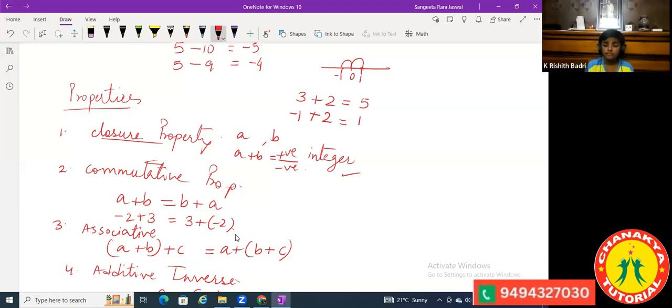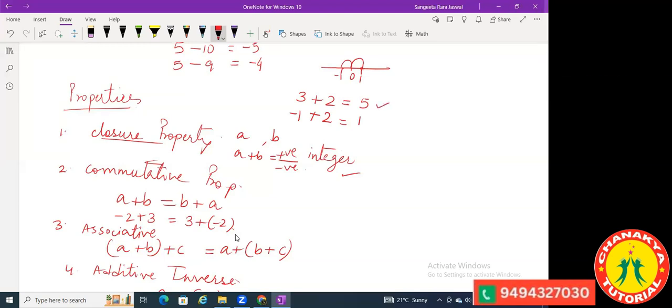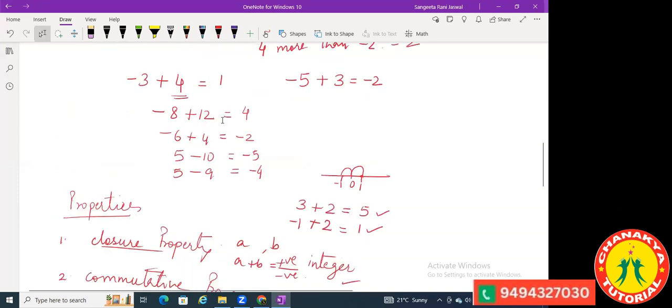You got it? Yes, ma'am. So that means I have got an integer here, and an integer here. Whenever you can do multiple sums, see here we have done so many sums. The addition of two integers is giving us an integer. Did you observe this?